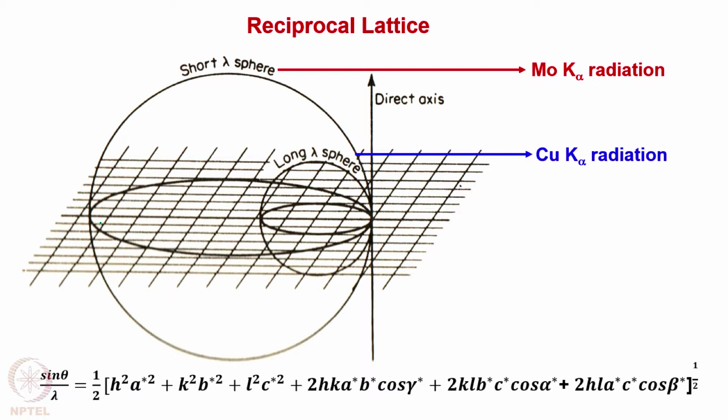That means smaller the value of lambda, larger the value of 1 by lambda; larger the value of lambda, smaller the value of 1 by lambda. So, for radiations with smaller wavelength, we should have a larger sphere as shown here in case of Mo K alpha radiation, and in case of longer wavelength like copper K alpha radiation, where the wavelength is nearly double that of molybdenum, the sphere that is constructed is of smaller volume or smaller diameter.